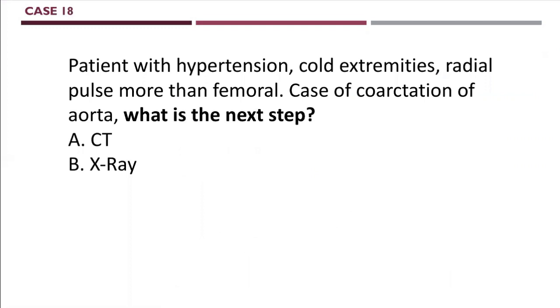Patient with hypertension, cold extremities, radial pulse stronger than femoral pulse. Case of coarctation of the aorta. What's your next step? CT or chest X-ray? CT.